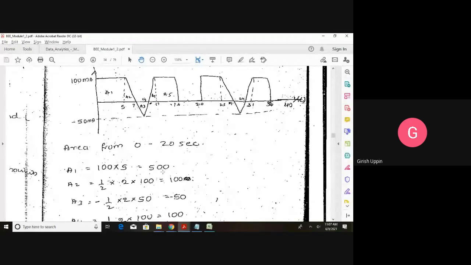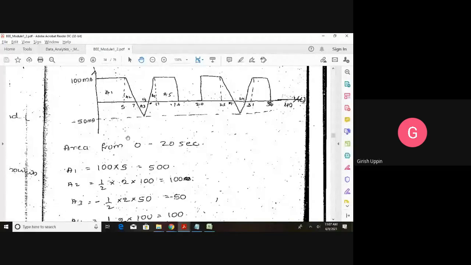And we know the area of the triangle is half base times height. So A2 is equal to half, then 2, that is 7 minus 5, and this height is 100. The 2 will get cancelled, 100 will remain.